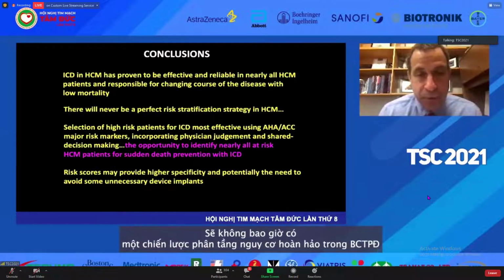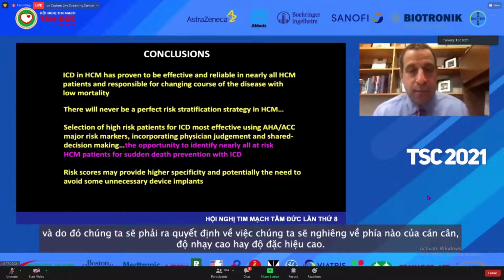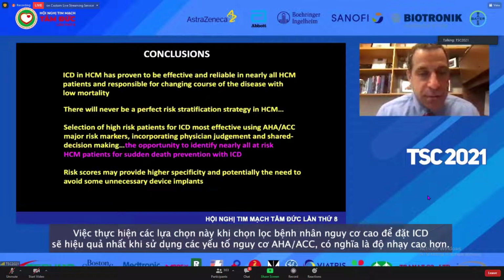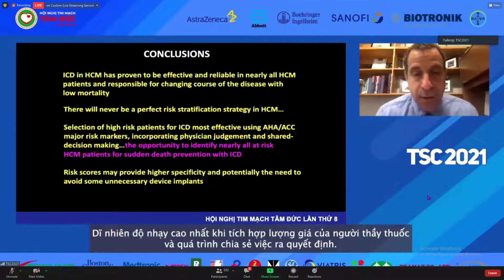There will never be a perfect risk stratification strategy in HCM, so we're going to have to make a decision about which side of the balance we want to align, either higher sensitivity or higher specificity. And the implication of those choices in terms of selection of high-risk patients for ICD is that it's most effective using the AHA-ACC risk markers, meaning it's the most sensitive, incorporating, of course, physician judgment and shared decision-making.